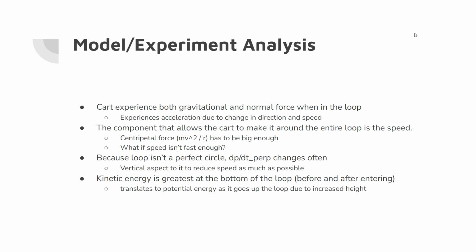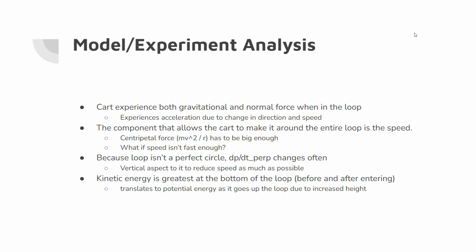The parallel component changes because the direction is always changing, and the speed, because of how gravity works, keeps decreasing as it goes up the loop. The most important component that allows the car to make it around the entire loop is the speed. As you enter the loop, you're experiencing centripetal force, which is equal to mv squared over r, and that has to be great enough to get the cart fully around the loop.